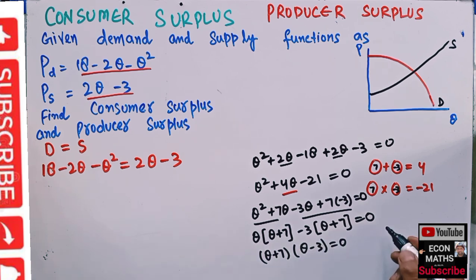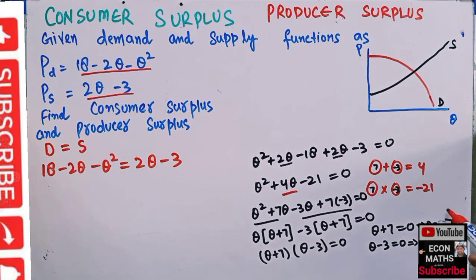It means either q plus 7 is equal to 0 or q minus 3 is equal to 0. If q plus 7 is equal to 0, then q is equal to minus 7, since transposing the plus 7 to the RHS makes it negative. Similarly, if q minus 3 is equal to 0, then q is equal to plus 3.